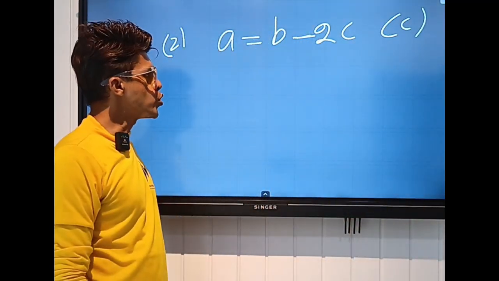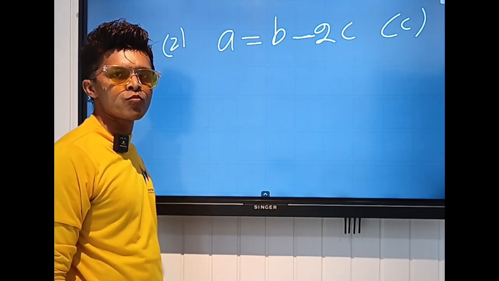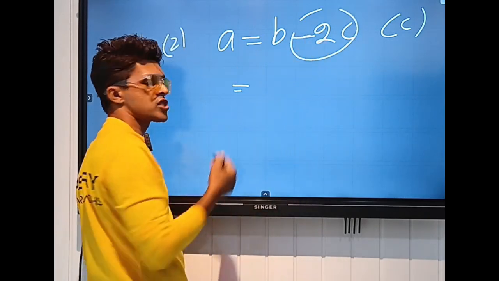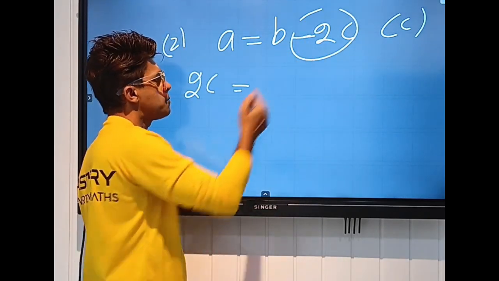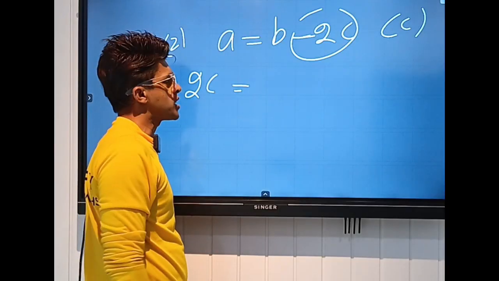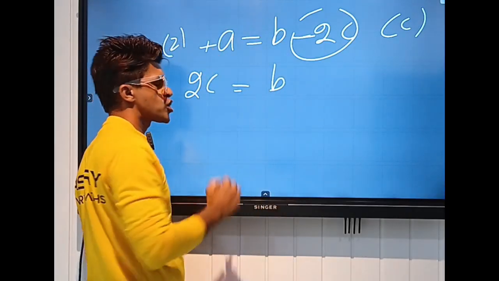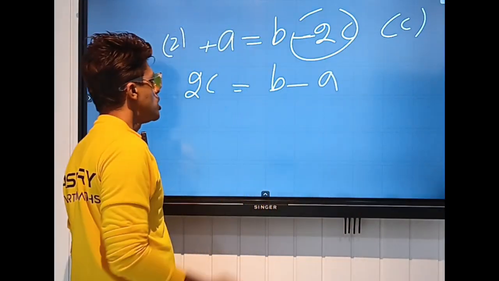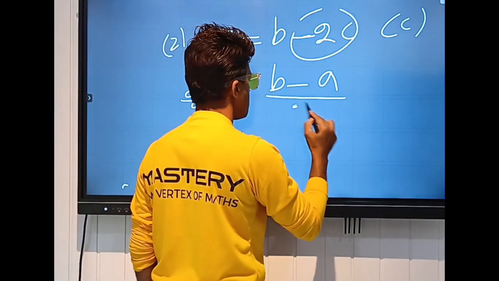Here I'm doing this question in this way. This minus 2c is brought to the left side. The reason for bringing this minus 2c to the left side is that here you could see minus 2c. Therefore, this is brought here, and minus 2c becomes plus 2c. This term is mentioned here, and this plus a is brought to the right side, then this becomes negative. Here is multiplication, therefore both sides are divided by 2.